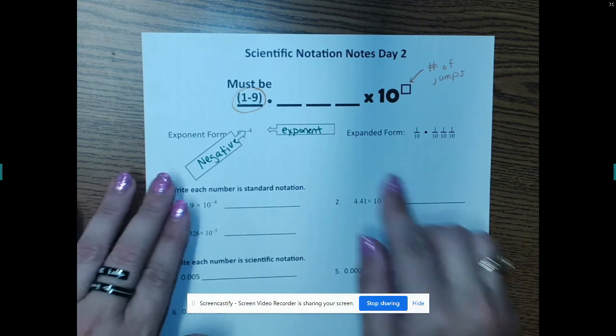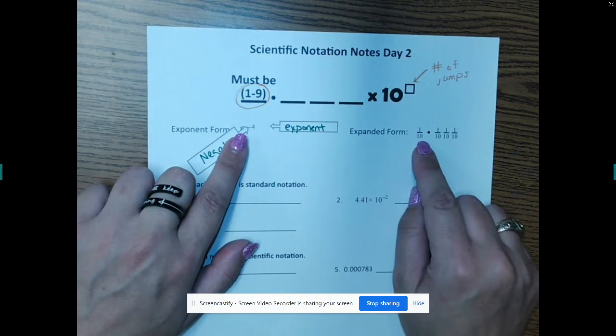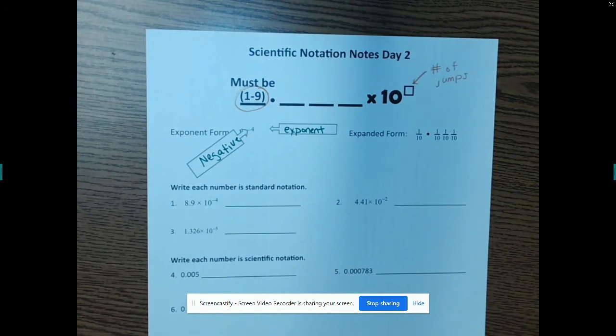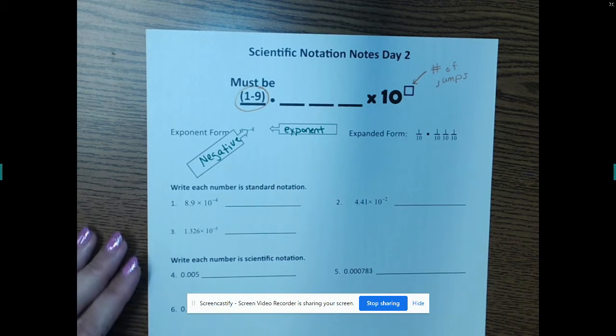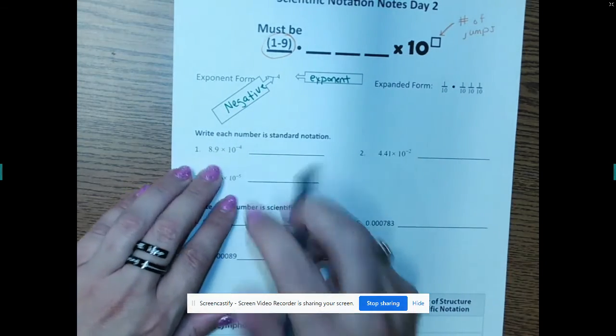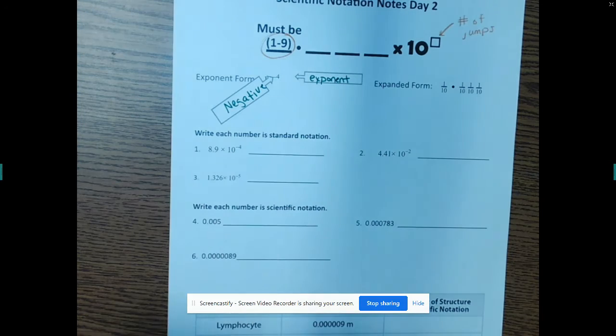Okay. So when it's negative, you're not multiplying big numbers, you're multiplying fractions, which is why it's a small decimal, okay? So you do it the exact same way, you're just going the opposite direction, okay? So this is scientific notation because it has one number in front of the decimal. It has a times 10. We want to write it in standard, okay?